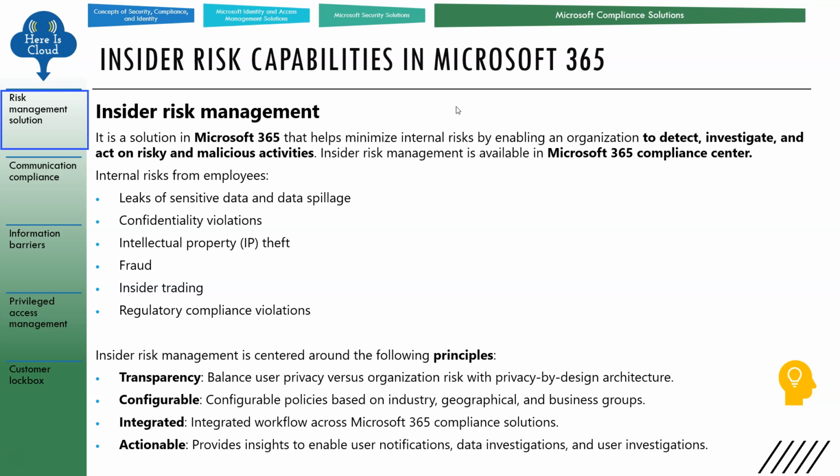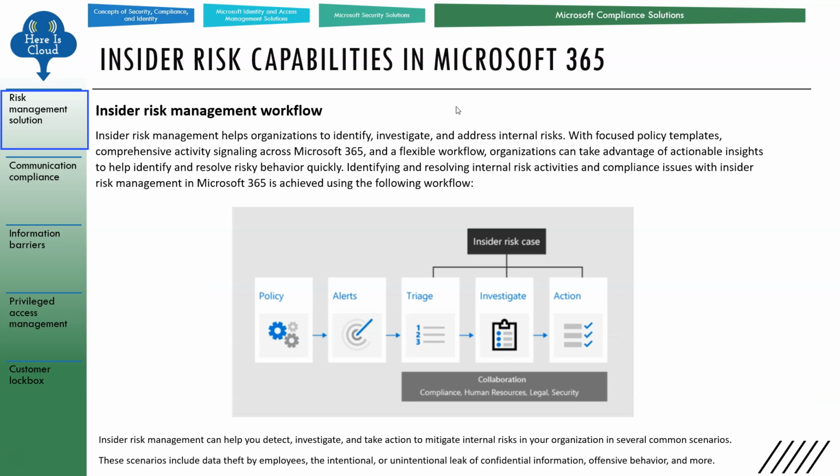So these are the principles we should remember for the exam. Insider risk management workflow. Insider risk management helps organizations to identify, investigate, and address internal risks with focused policy templates, comprehensive activity signals across Microsoft 365, and a flexible workflow. Organizations can take advantage of actionable insight to help identify and resolve risky behavior quickly.